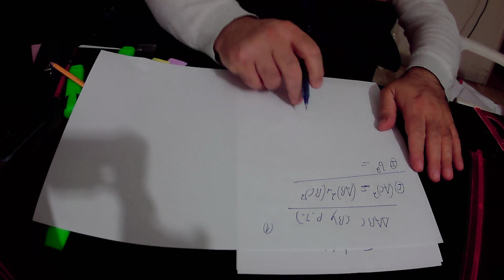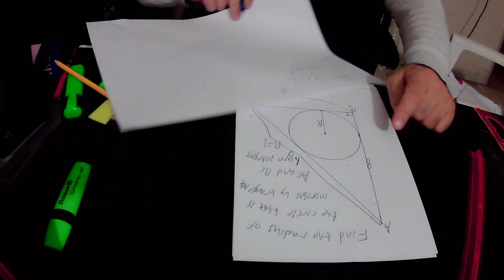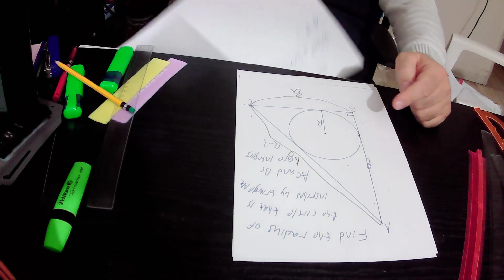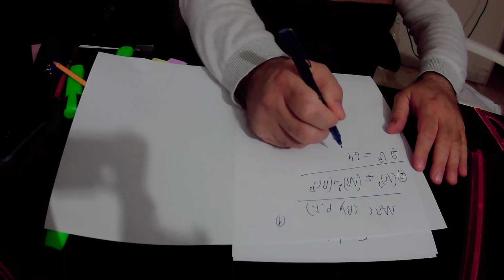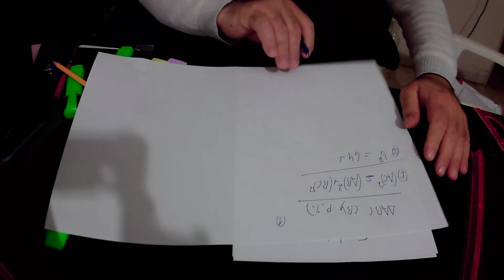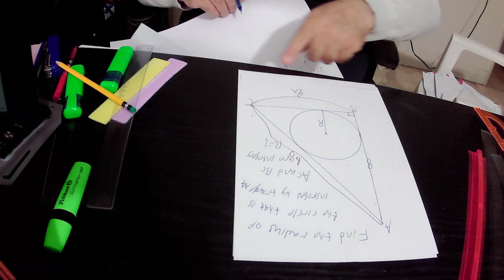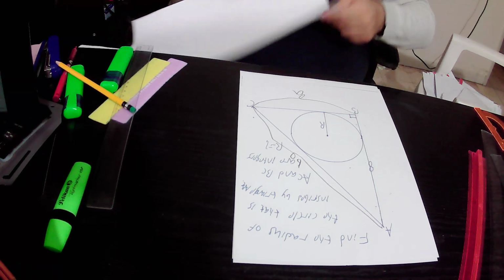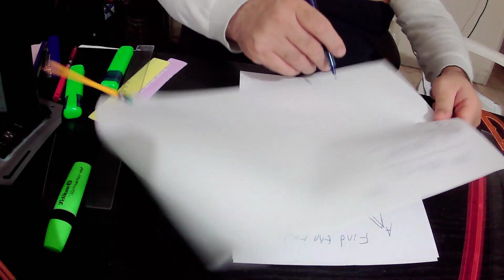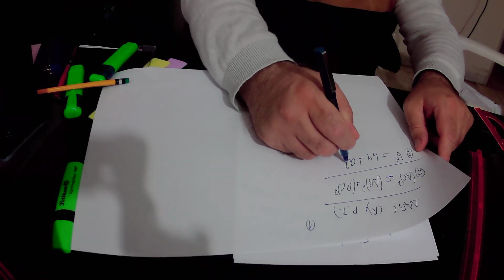And it is equal to AB squared. AB is 8, so AB squared is 8 squared, that is 64, plus BC squared. According to our definition, BC equals A. Therefore, BC squared is A squared, so it is 64 plus A squared.